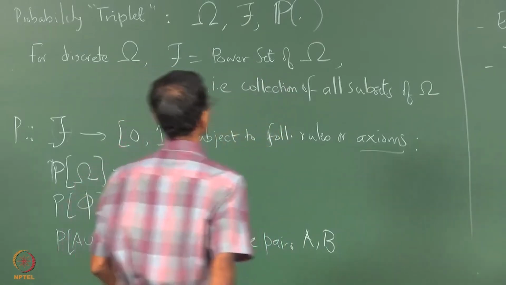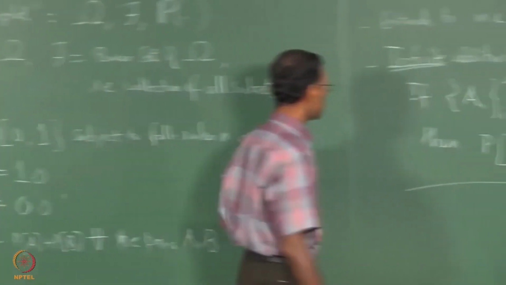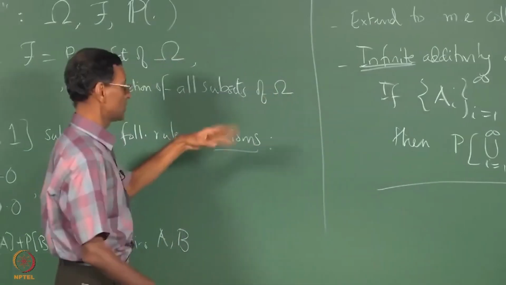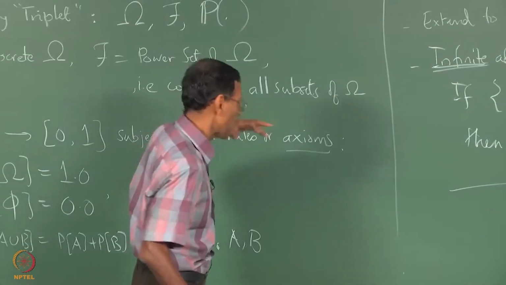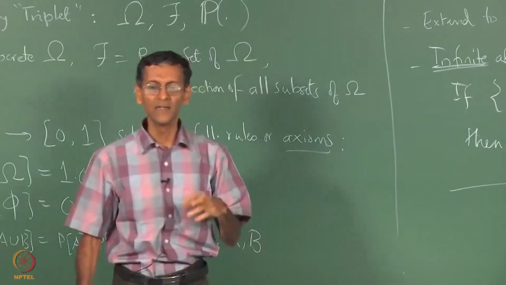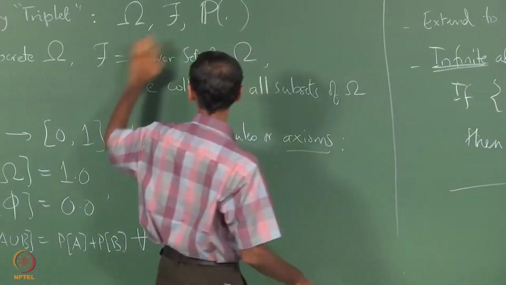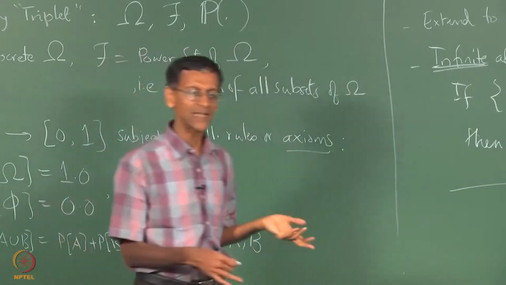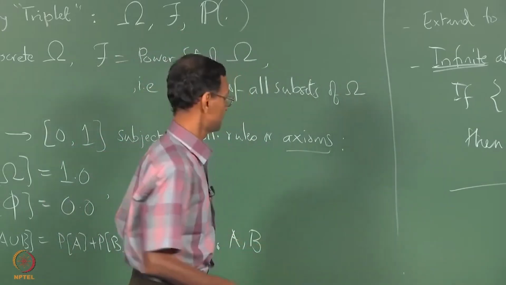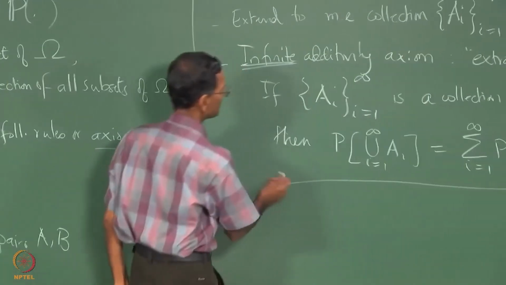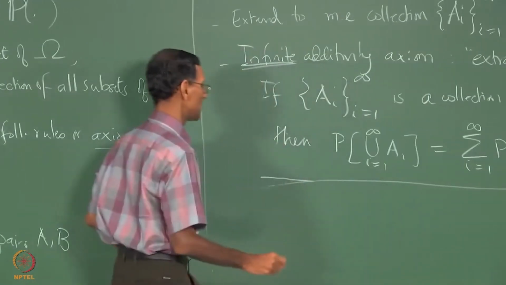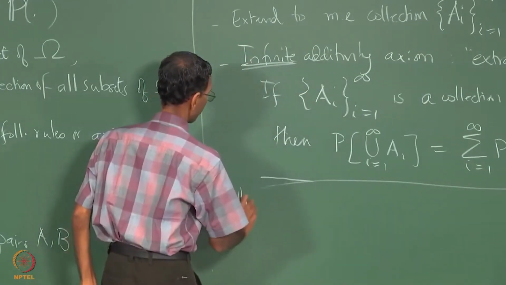Now before I move on to the properties of the probability measure P, let us take up the assignment of probabilities to elements in F for the case that Omega is countable, or discrete.